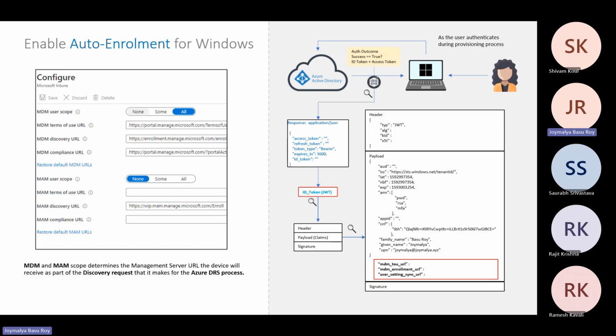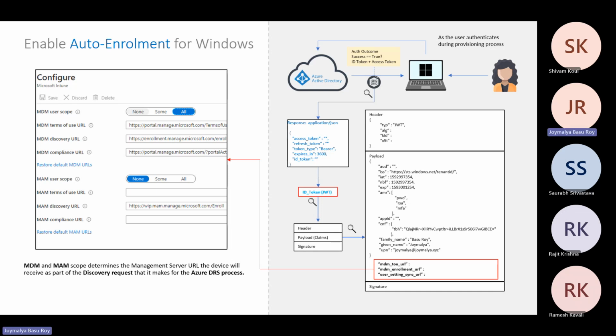Now the last three parameters in the token are the ones that come for Windows devices, and the values of those three parameters depend on the settings that you configure in here.